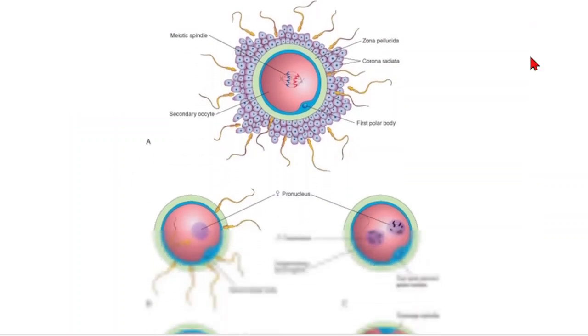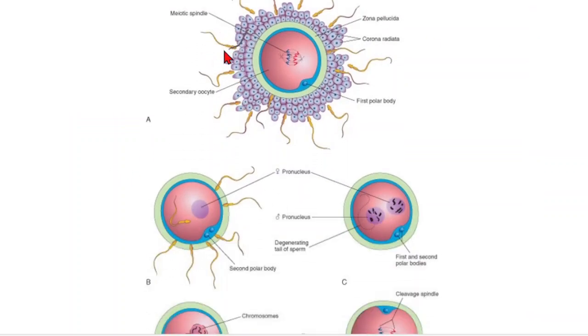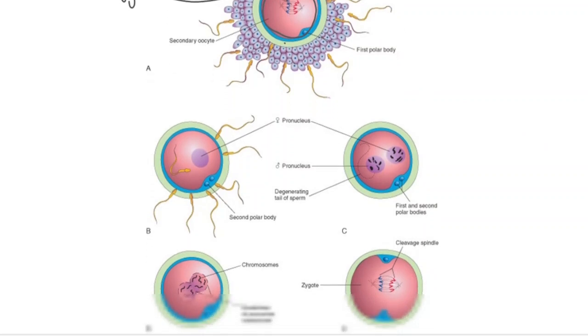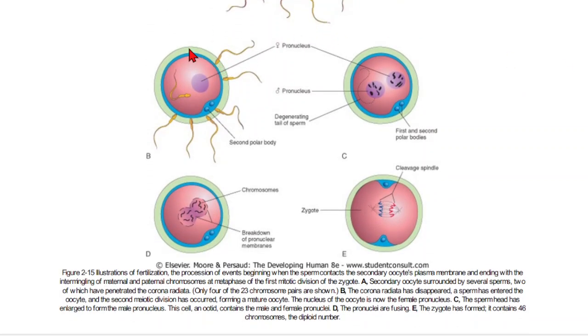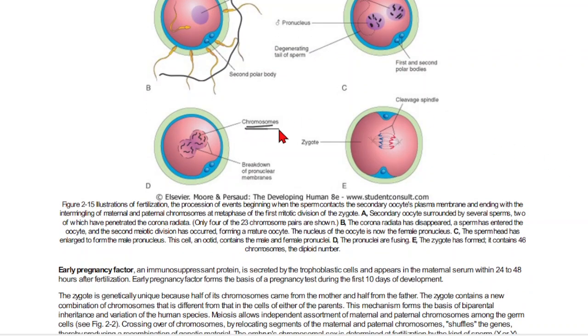Now see here that the corona radiata is penetrated by hyaluronidase and the zona pellucida by the acrosin enzyme. After that the zona reaction occurs, which makes the zona pellucida impermeable to other sperm. Once the zona reaction occurs, other sperm cannot enter. Now we have the chromosomes and the zygote, cleavage, spindle.